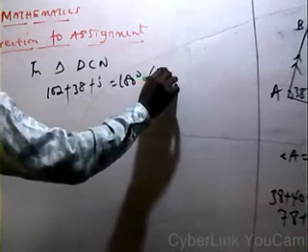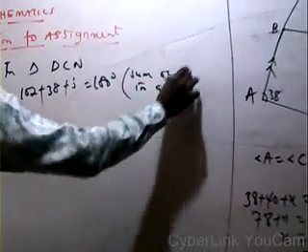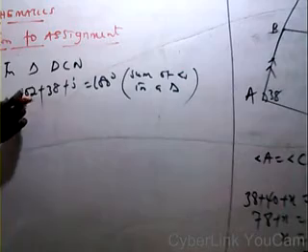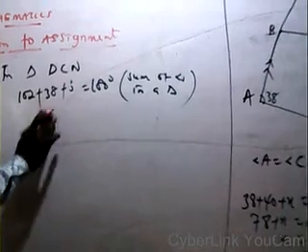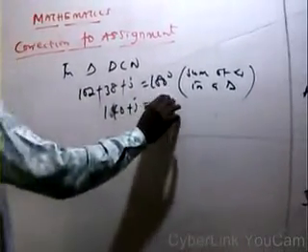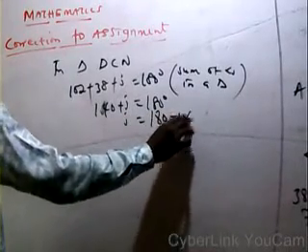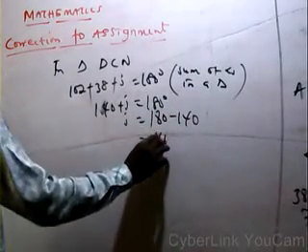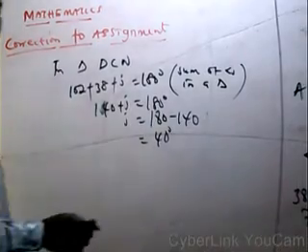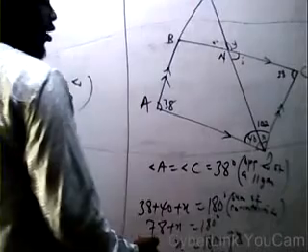That is the sum of angles in a triangle. So we have 102 plus 38, that is 140, plus I equals 180 degrees. What is I? That is 180 minus 140, and that is 40 degrees.